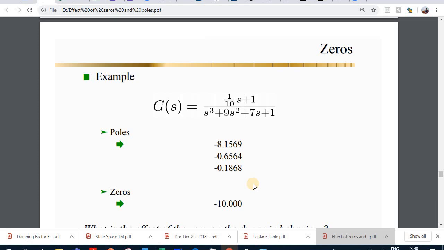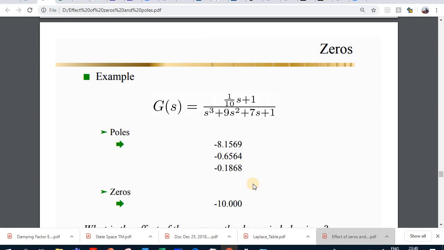We have taken the effects of poles and zeros, and I think it's a good time that we can get to the approximation of higher order systems. But before I get to that, I need to make sure that you know where we are standing and why we are approximating higher order systems by lower order systems.